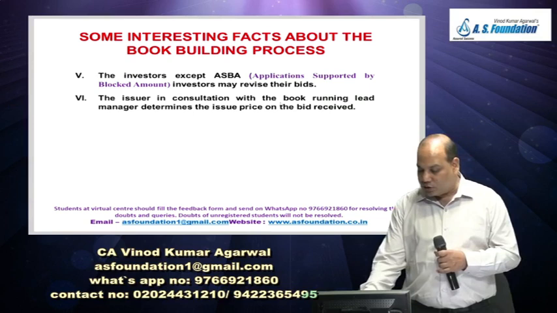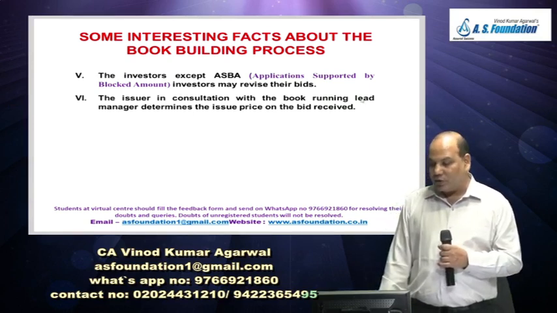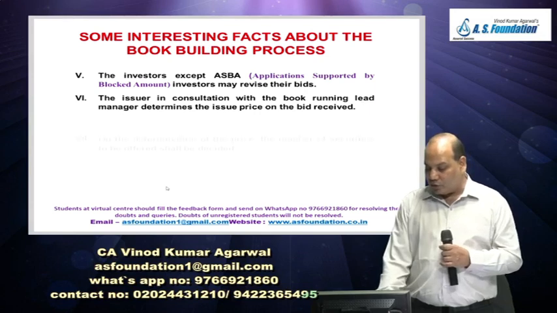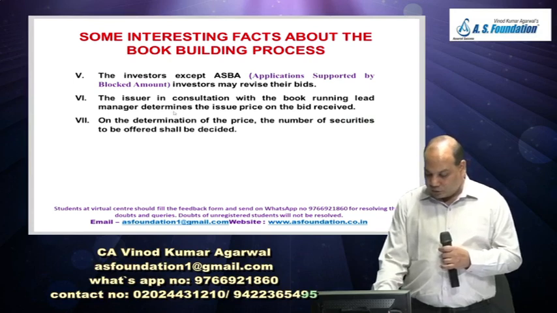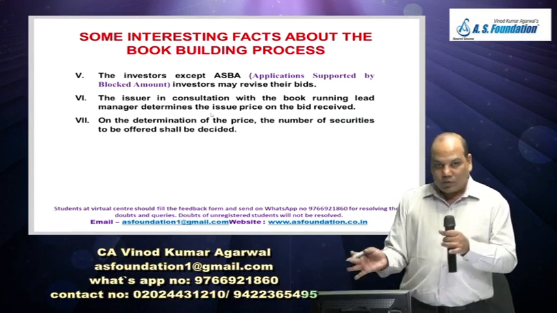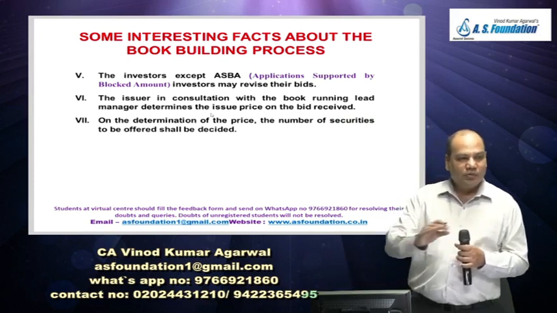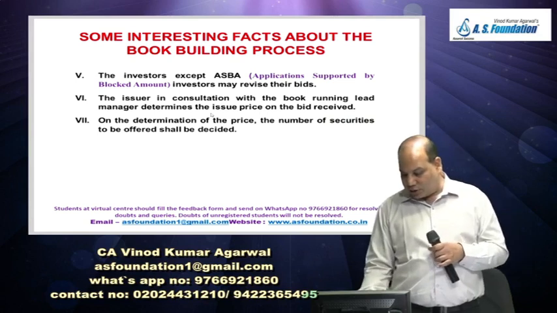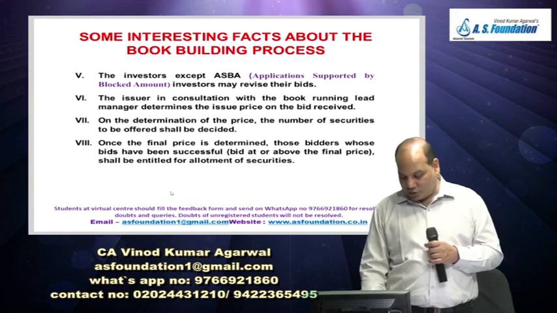The issuer, in consultation with book running lead manager BRLM, determines the issue price on the bids received. Issuer, lead manager, stock exchange, they all sit down and decide at what price the share should be issued. On the determination of the price, the number of securities to be offered shall be decided.